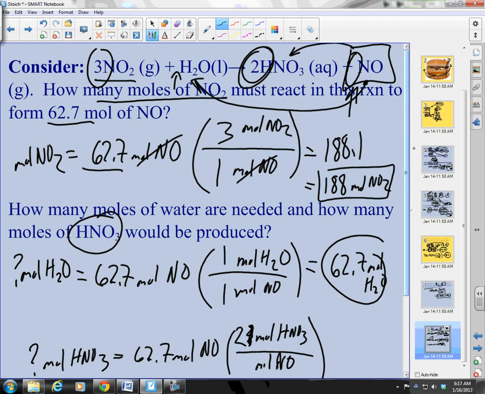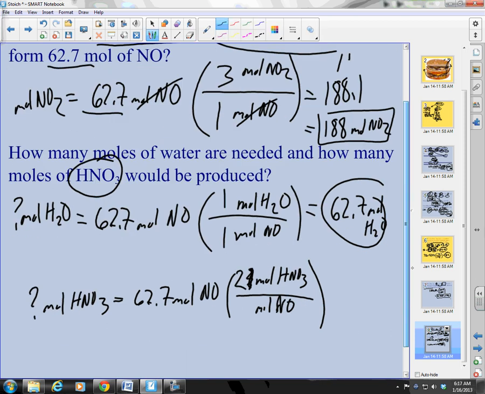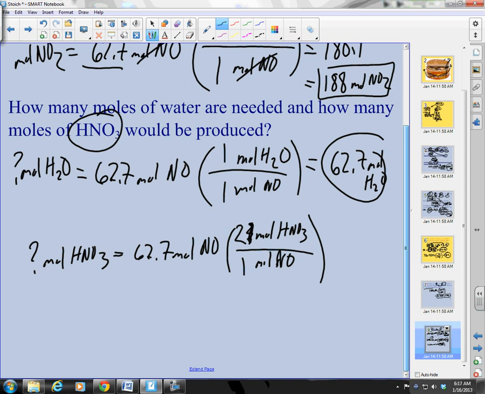What's my moles of NO based on the equation? It's a 1 in front of there, right? So 62.7 times 2 divided by 1 equals 125.4. How many sig figs do I have here? 3. So my answer is 125 moles of what? My moles of nitrogen monoxide cancel, and I have moles of nitric acid.